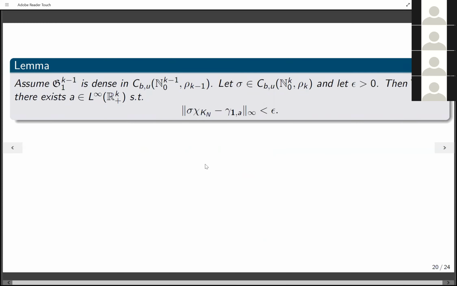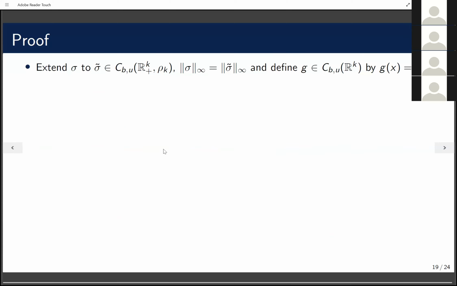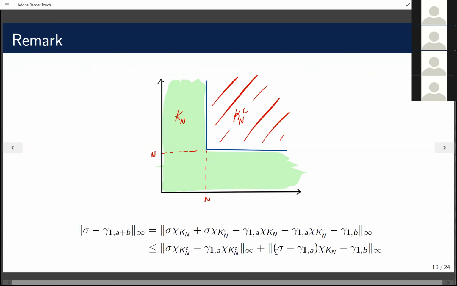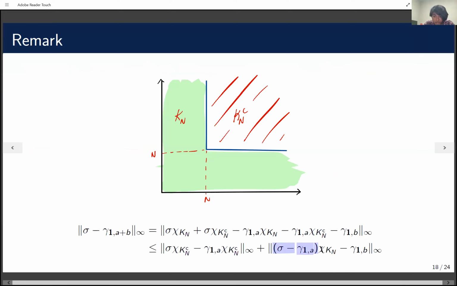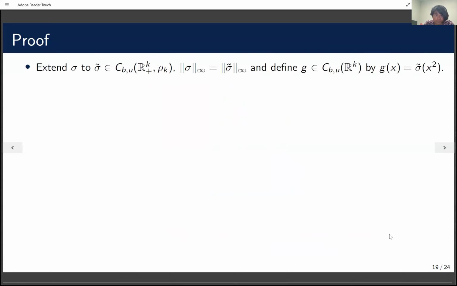Okay, now what's left is to control this part. So when we restrict a sequence to a set like this, if we can approximate it by an eigenvalue sequence, we are done.